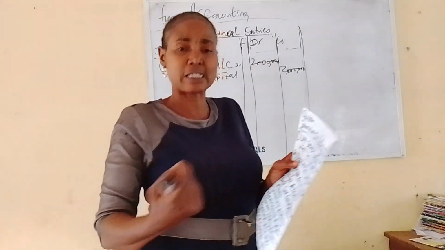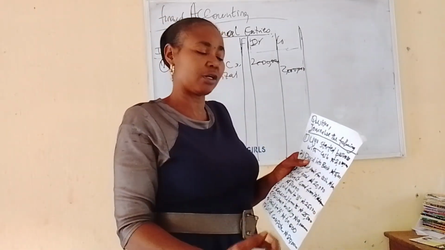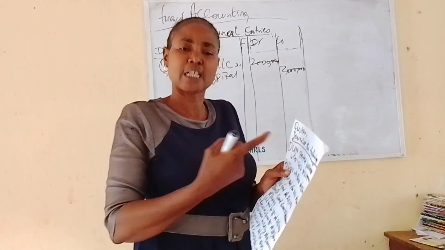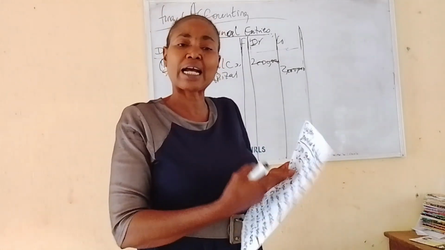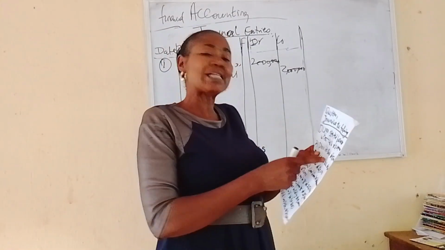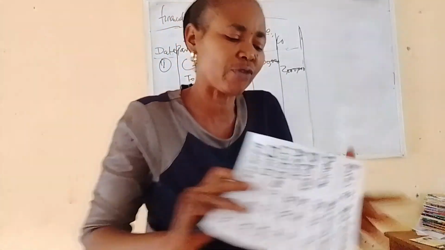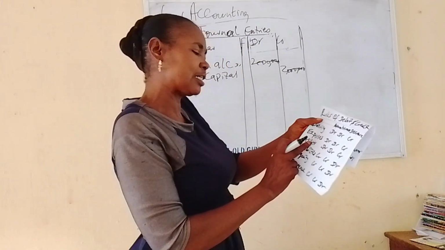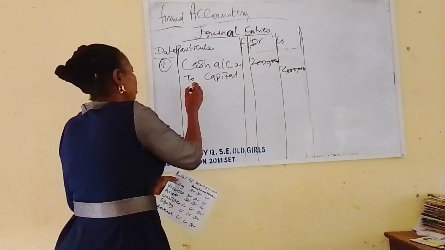You now find out the one that is receiving and the one that is giving. Bank is receiving and cash is giving. Both of them, bank and cash, are assets. Since both are assets and bank is receiving, when assets increase, you debit. You have to debit bank.